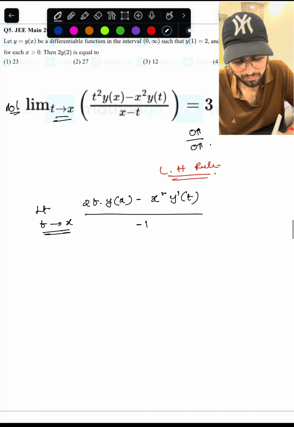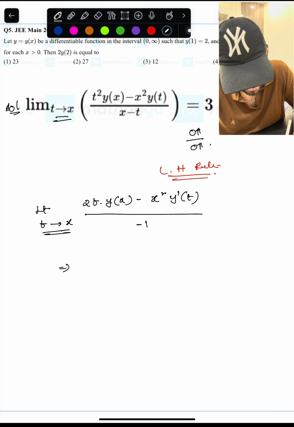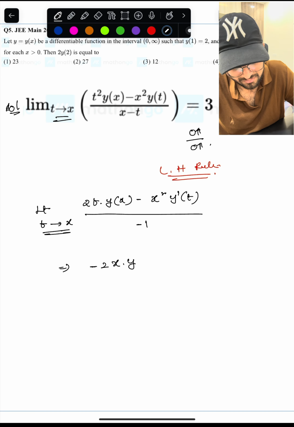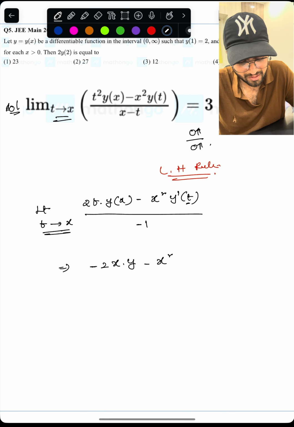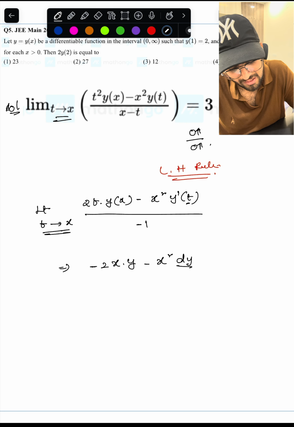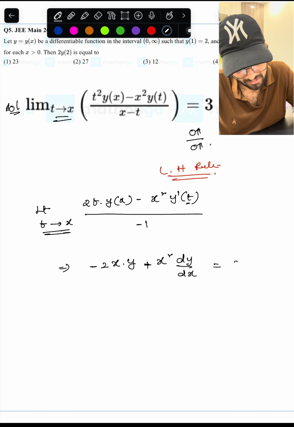As t is approaching x, if you substitute x here, you will be getting minus 2x, y of x means y itself, minus x square. Instead of t you get x, so y dash of x means dy by dx, minus of minus you will get plus. So here it is 3.